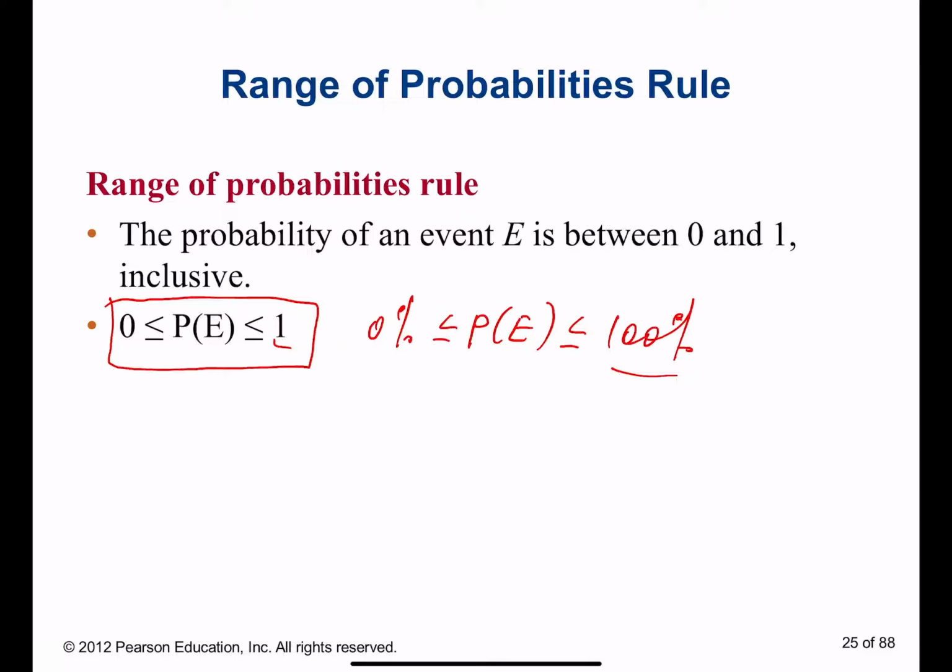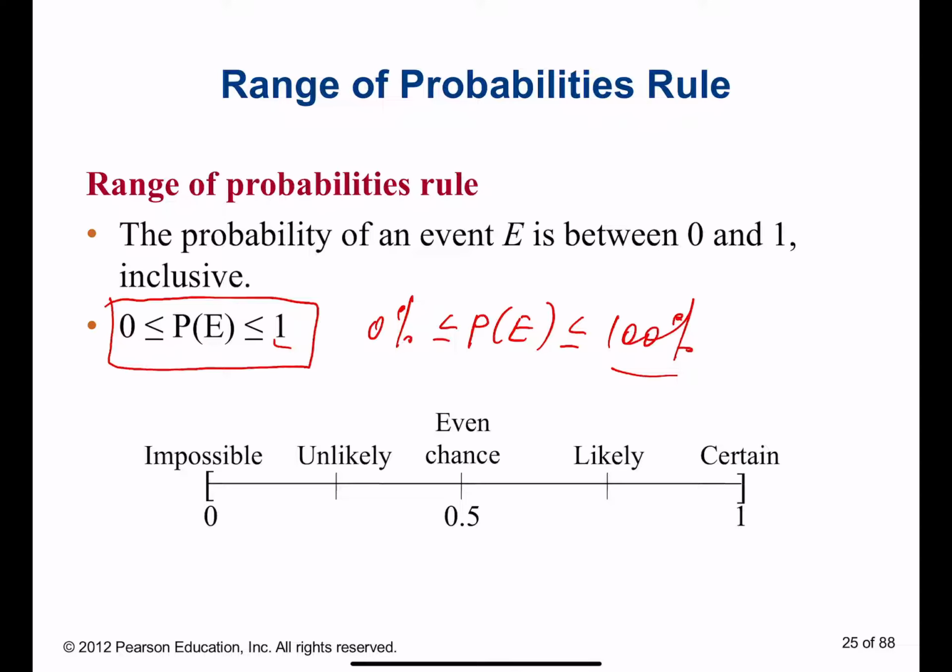Okay? Probability or percentage can be maximum 100 and minimum 0. When you have 50%, 0.5, that means it's an even chance to happen versus not to happen, right? Okay.